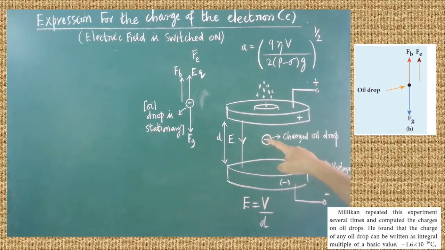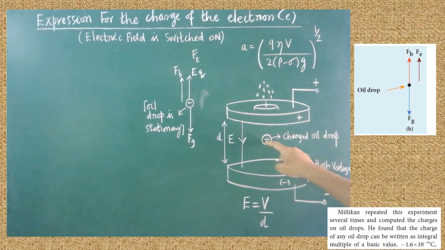Here the oil drop is charged with the help of X-rays. When X-rays are allowed to pass through this space, all the air atoms are ionized. Due to ionization, a few electrons come out. Those electrons will stick on the oil drop.